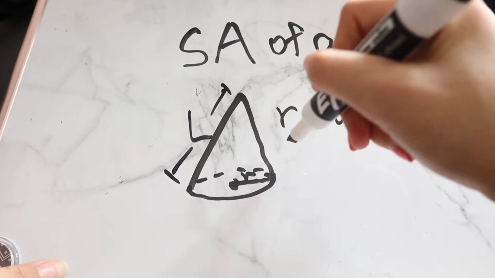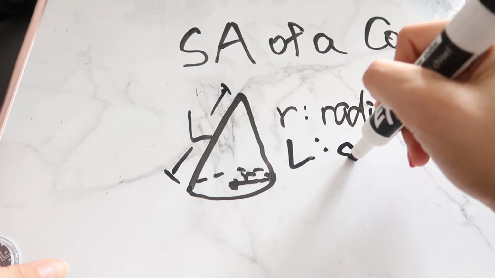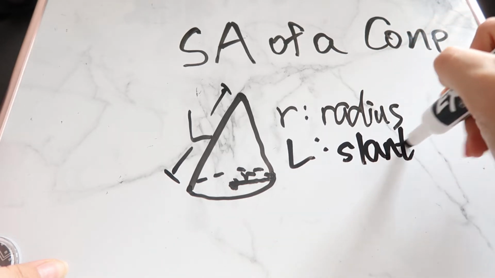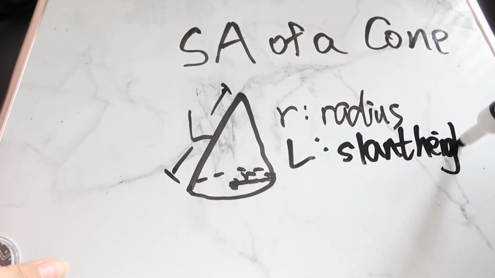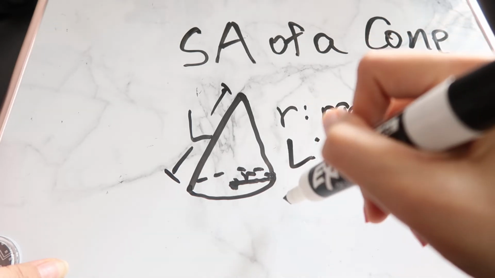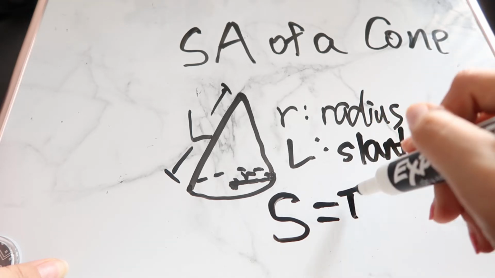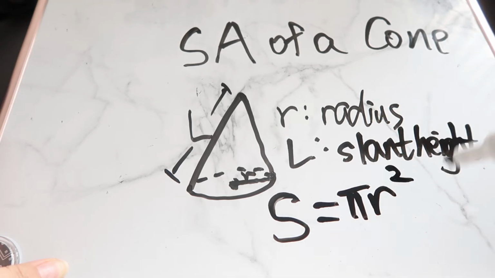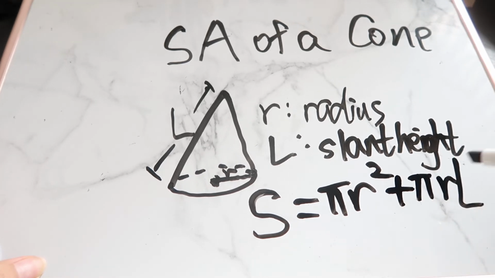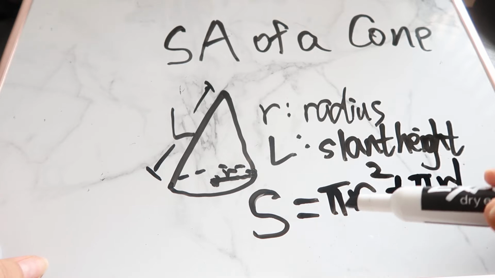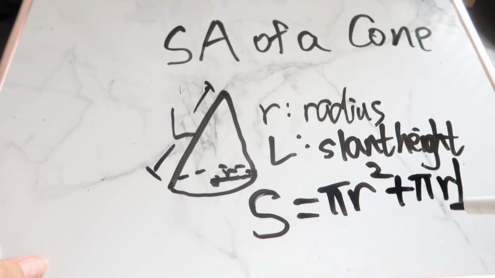So the surface area formula would go by surface area equals pi r squared plus pi r L. So here you're actually using the radius twice. The first part is for the area of the circle, and then the second part is pi r L. So you do 3.14 times the radius and then times the slant height.